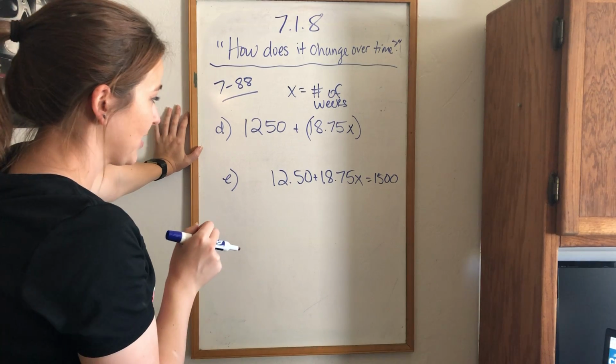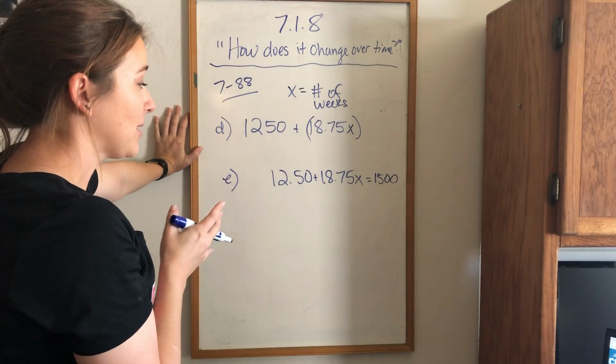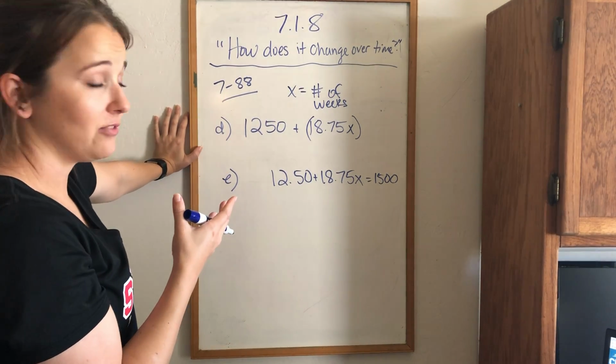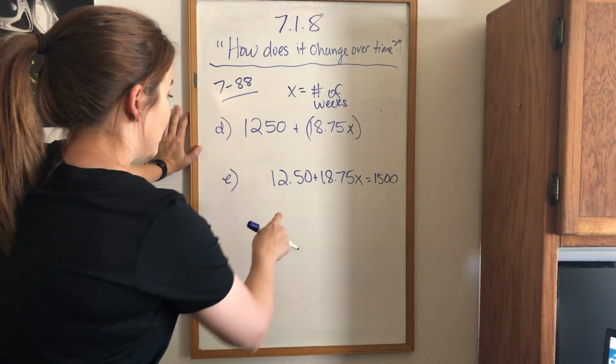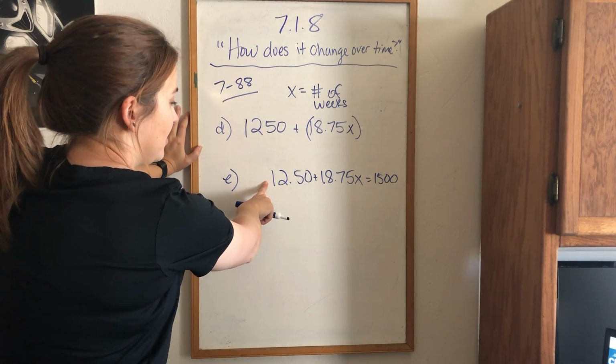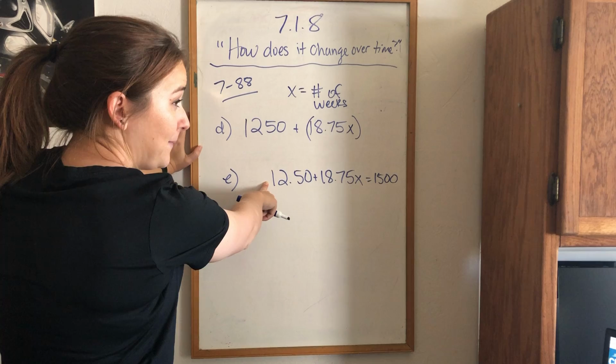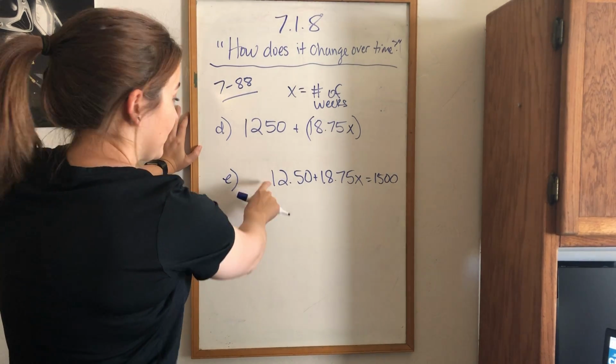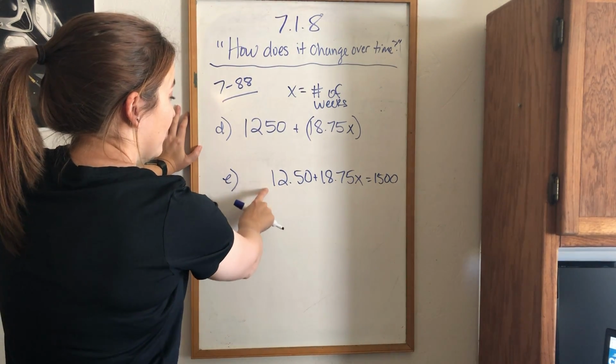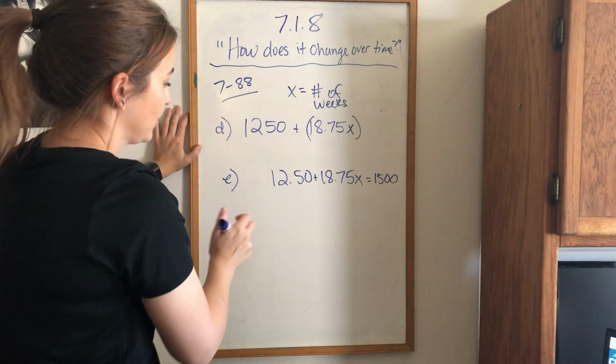So here's my algebraic equation. First step, I want to get x by itself. It's the first thing that comes to my mind. So I want this 1250 to go away, and it's a positive 1250 because when there's nothing in front of the number, that means it's just positive.